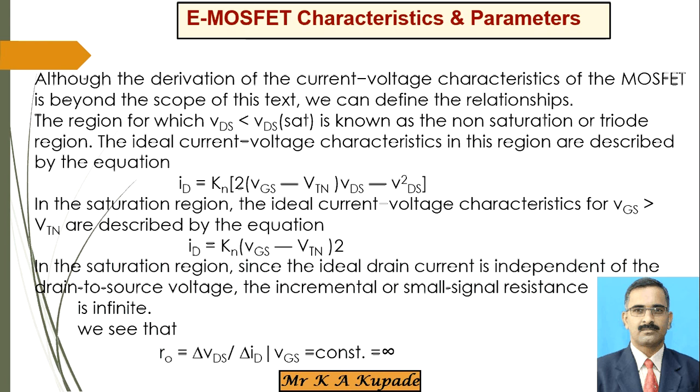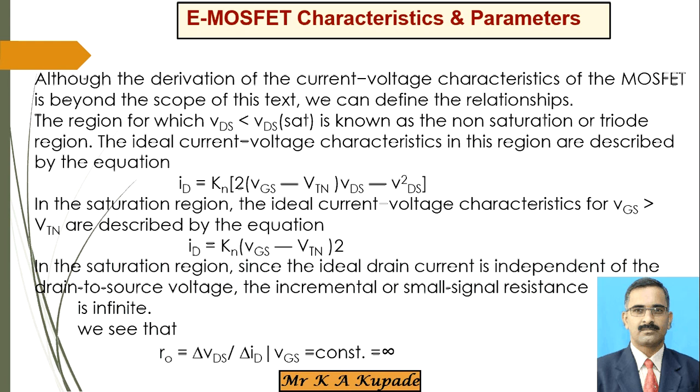The derivation of the current voltage characteristics of the MOSFET is beyond the scope of this text, but we can define the relationships. The region for which VDS is very small as compared to the saturation VDS is known as the non-saturation or triode region.